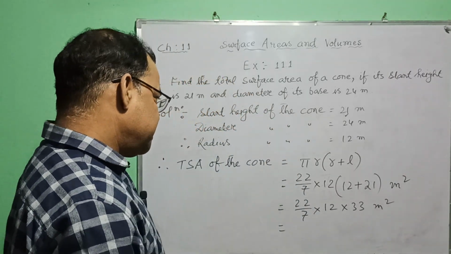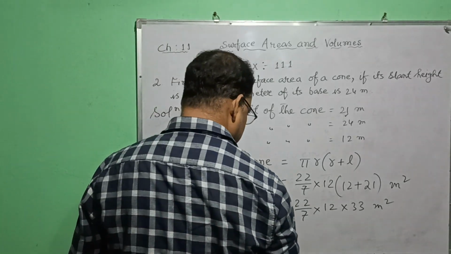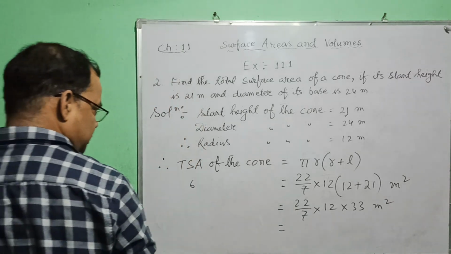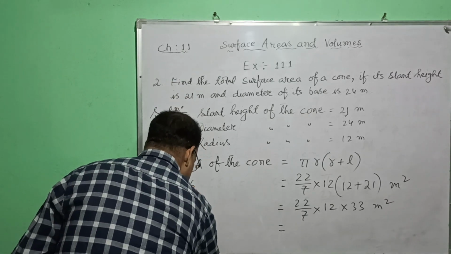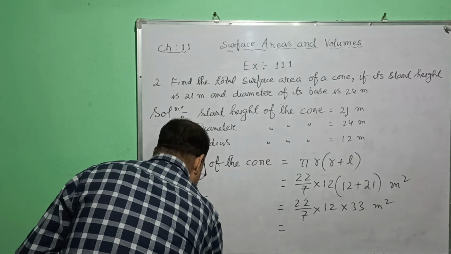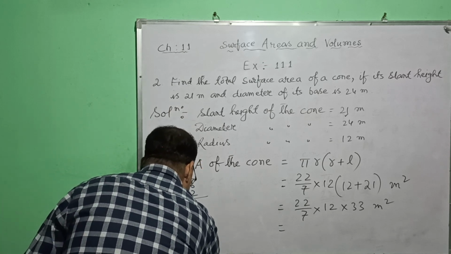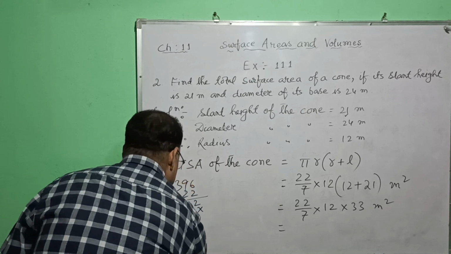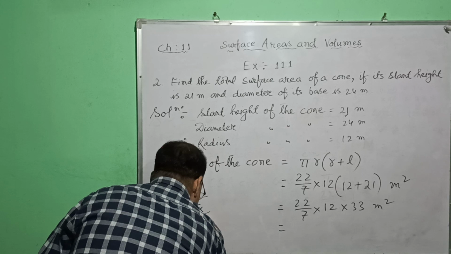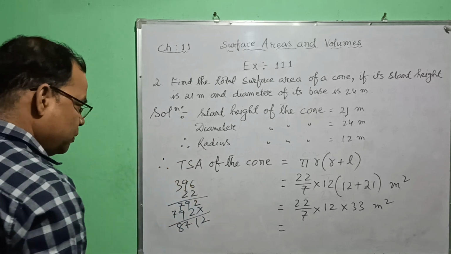Now we have to multiply, as it is not divisible. So 33 into 12 equal 396. Then we'll multiply it by 22. 8712.